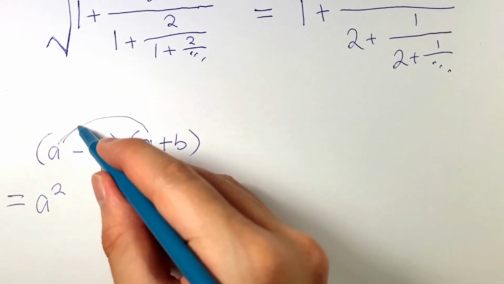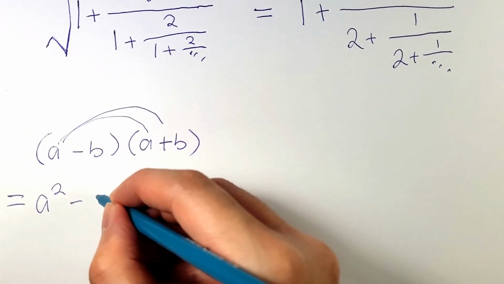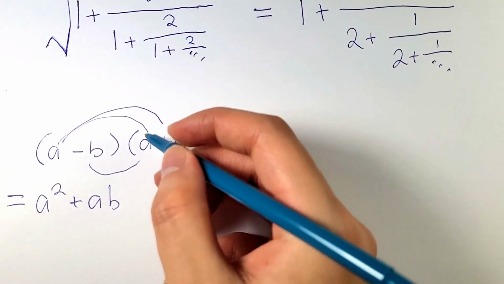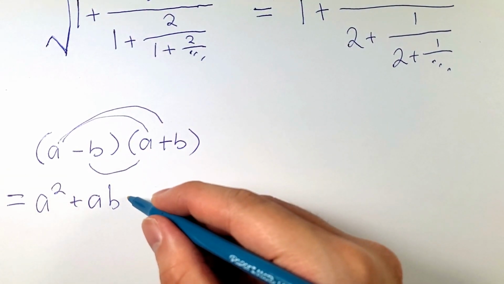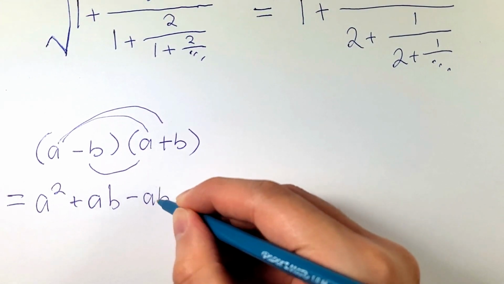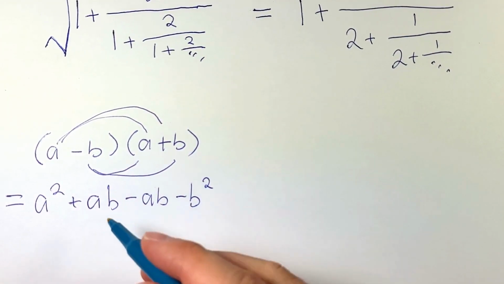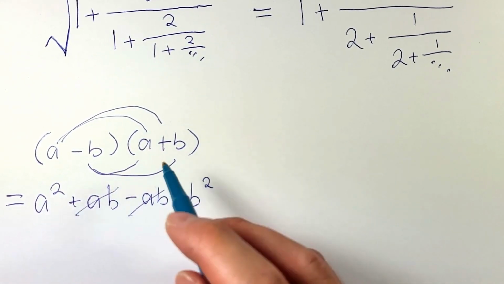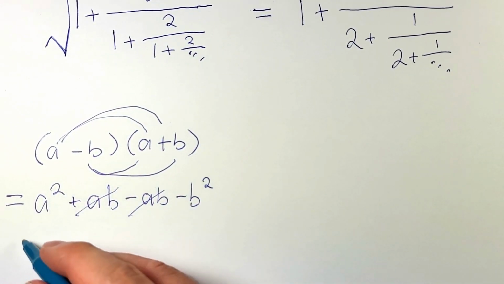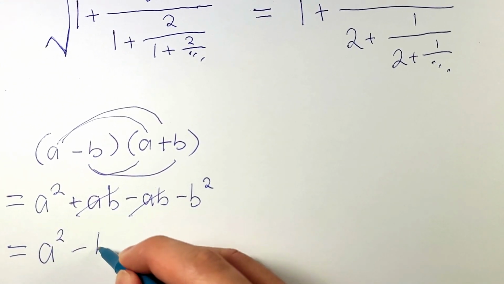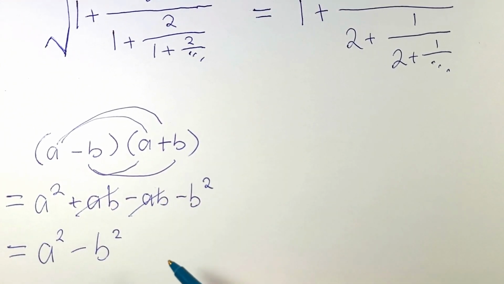Then I get a times b, which is plus ab. And then I subtract this. This is minus ab. And then I get minus b squared. So these two terms cancel. And what I'm left with is a squared minus b squared. This is the difference of squares.